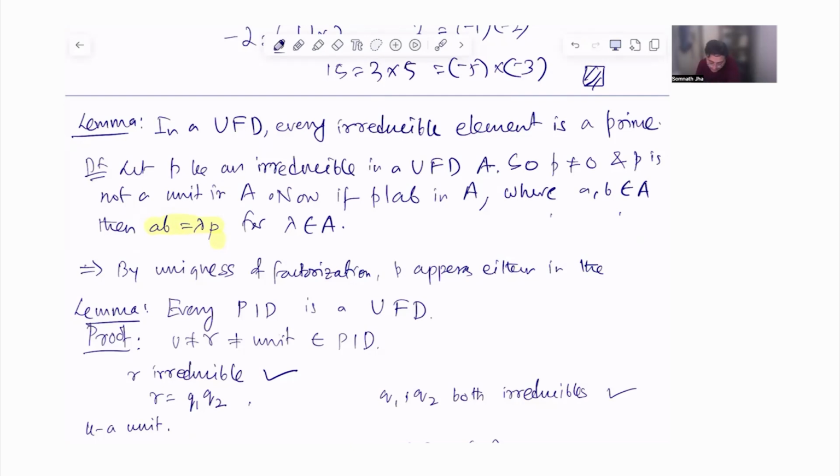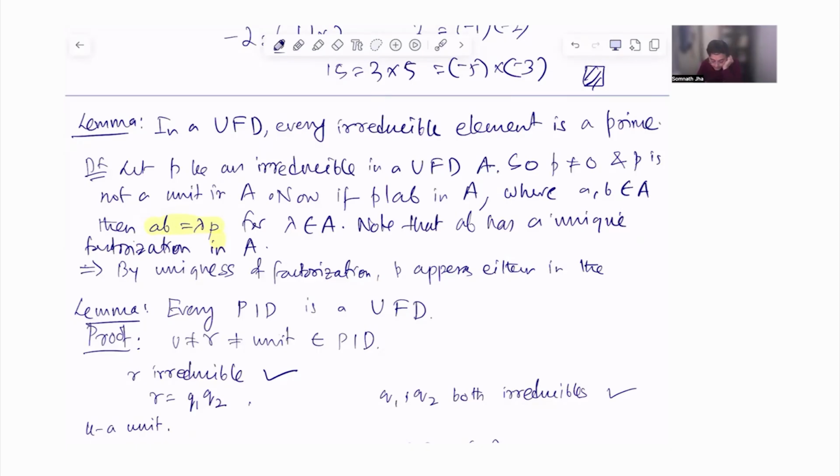So AB has a unique factorization in the ring A. If lambda has a factorization, you apply the factorization of lambda, and you get a factorization of AB.